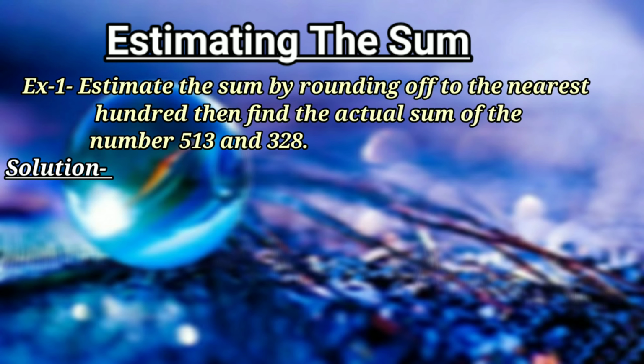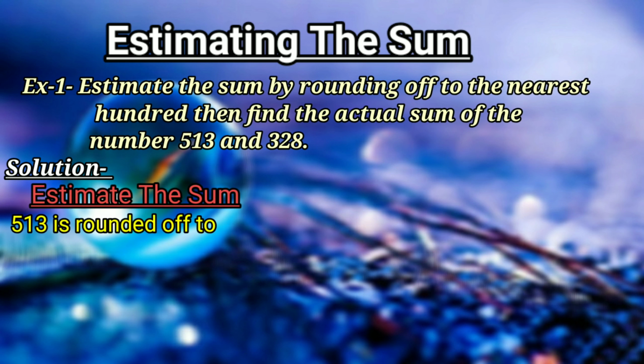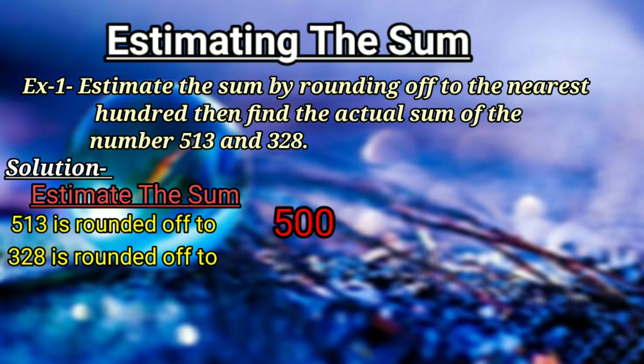Here, to estimate the sum, firstly we round off the numbers to the nearest 100. So 513 is rounded off to 500 and 328 is rounded off to 300. Next, add the numbers obtained to get the estimated sum.